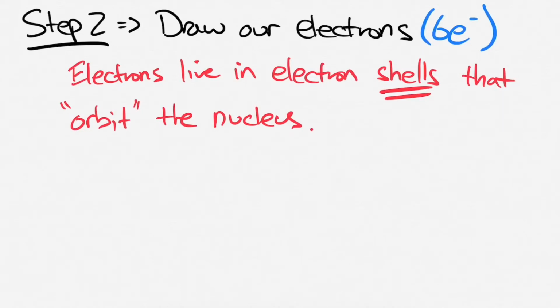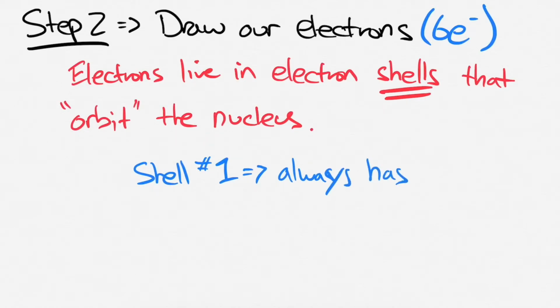So shell number one always has 2 electrons. Always has 2 electrons.